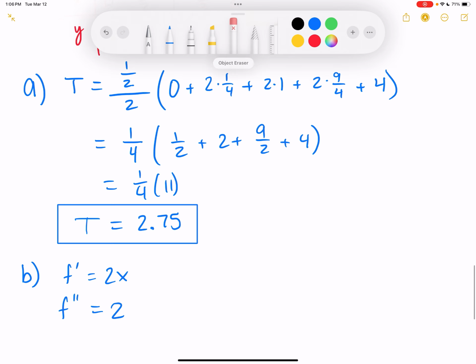So what do we know about that? It's a constant, bigger than 0, so it's greater than 0. Concave up. That means it's an overestimate. Yes, it's an overestimate.